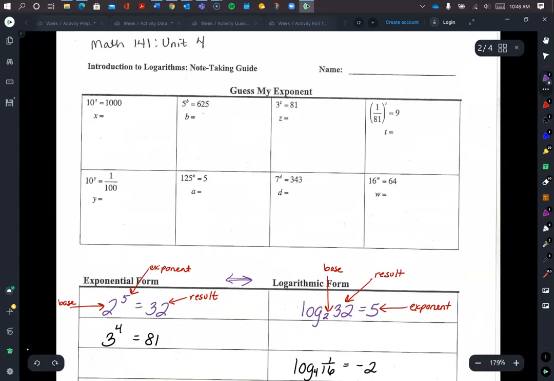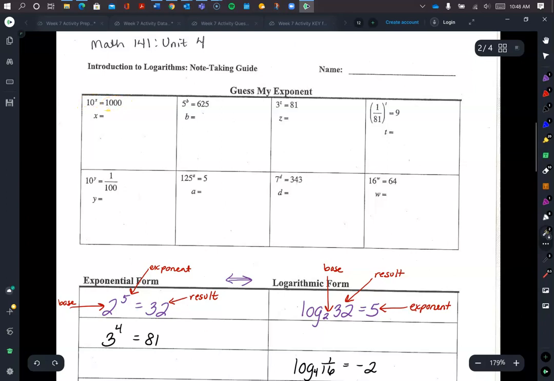Now we're looking at guess my exponent, and on this one you are going to do the same type of thing that I did earlier. So you're going to take this number, so we have 10 to the x equals 1,000.